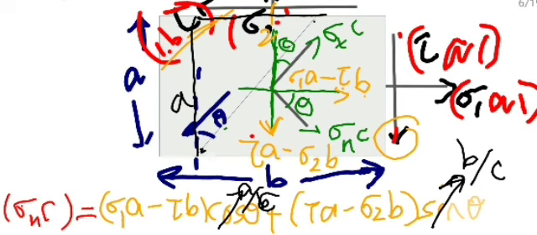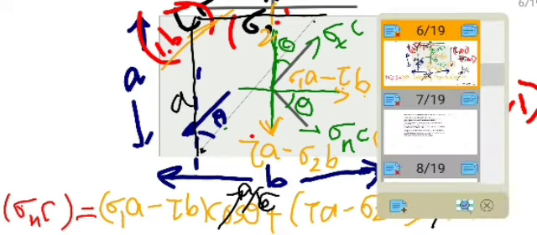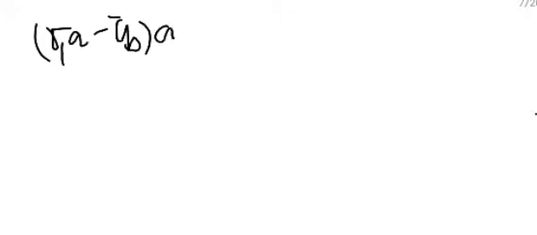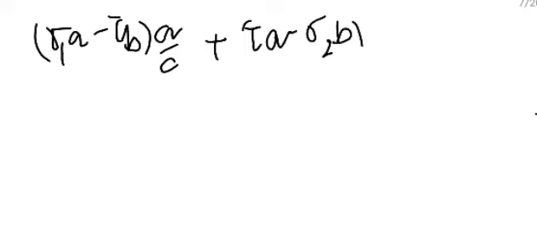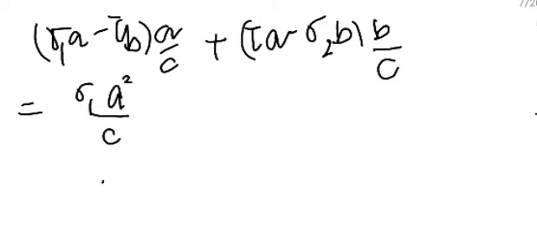So it can be sigma 1 a minus tau b times a by c, plus tau a minus sigma 2 b times b by c. So somehow now this is sigma n times c times 1 only.